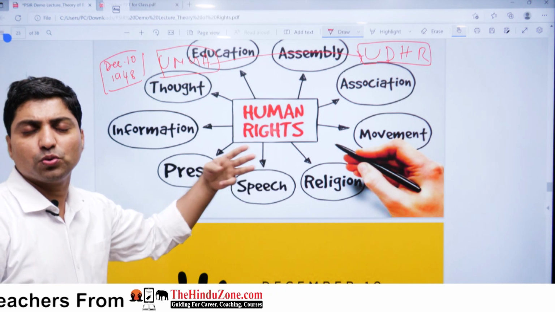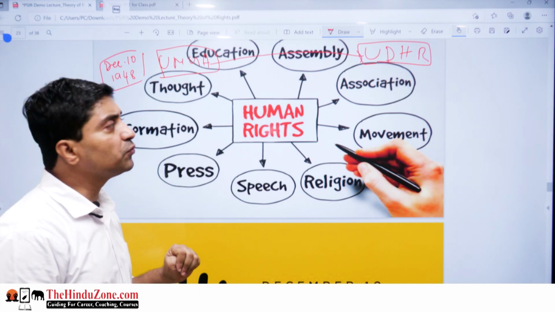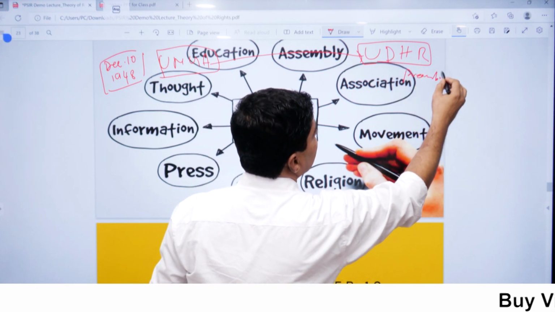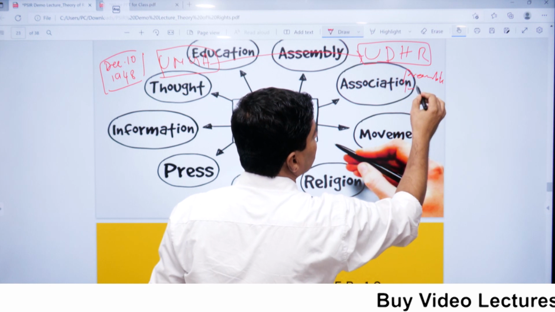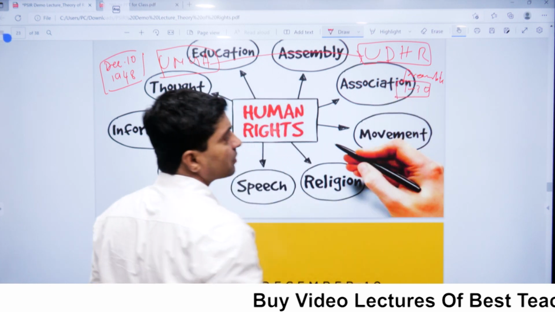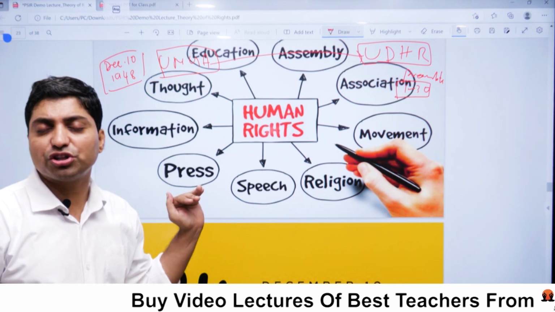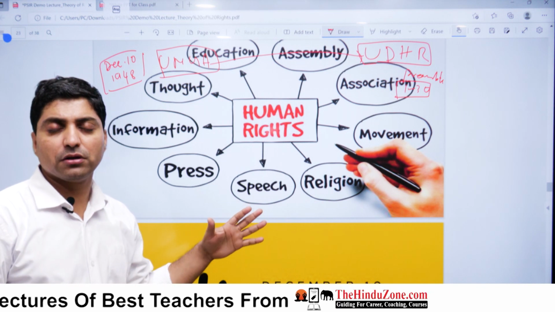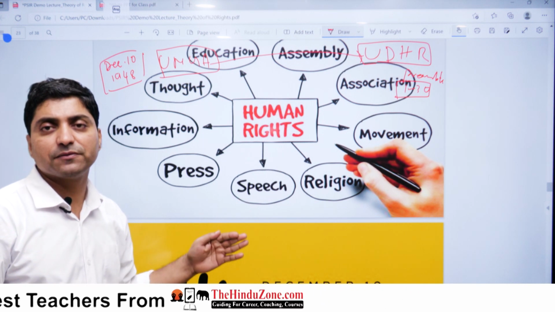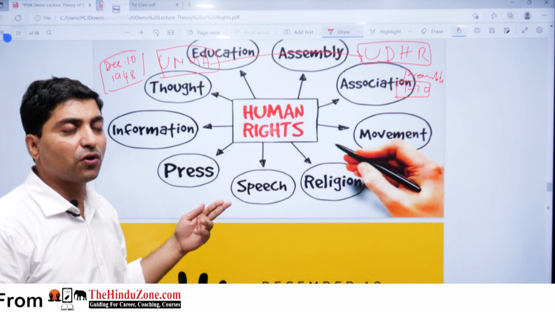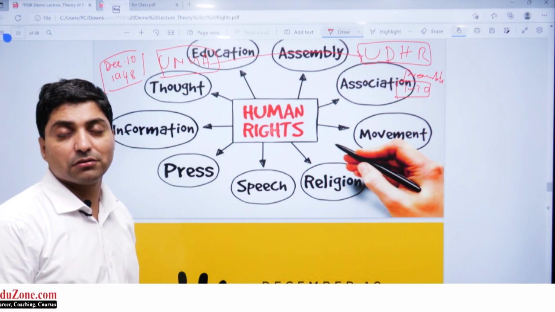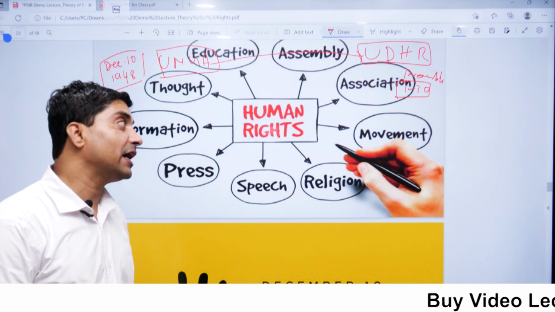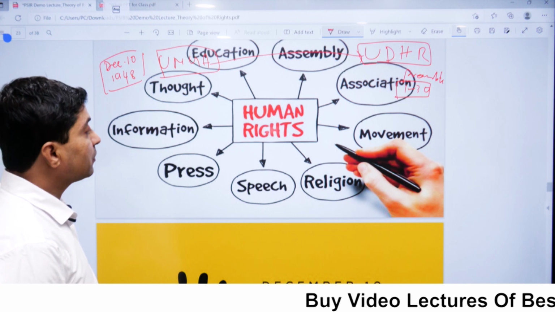It has one preamble and 30 articles, and it recognizes certain freedoms, certain equality, certain rights to all individuals around the globe, irrespective of ideology, religion, race, caste, sex, nationality, and so on, right?